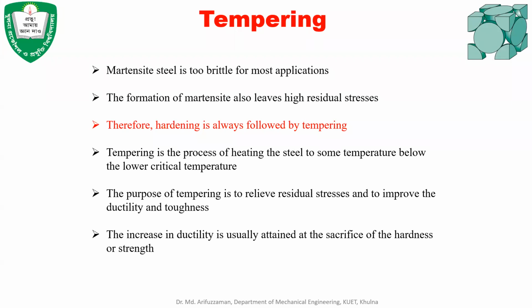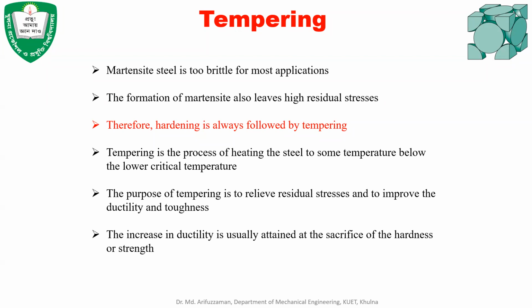Okay. And the purpose, already said: the increase in ductility is usually attained at the sacrifice of hardness or strength. Whenever you obtain a hardened structure and then you do the tempering to relieve the residual stress, or to obtain ductility, or to increase the toughness, then the hardness will be reduced. If you want to enhance the ductility, the hardness will be reduced. If you want to increase the toughness, hardness will be reduced.